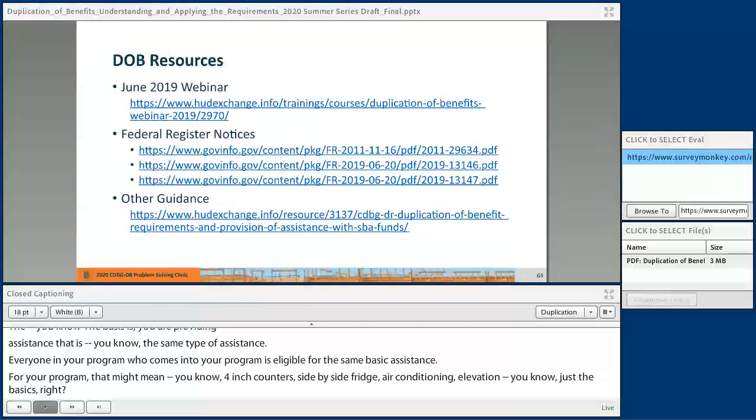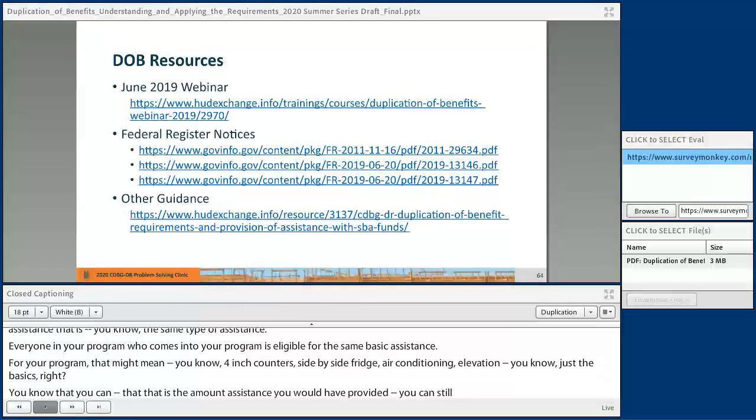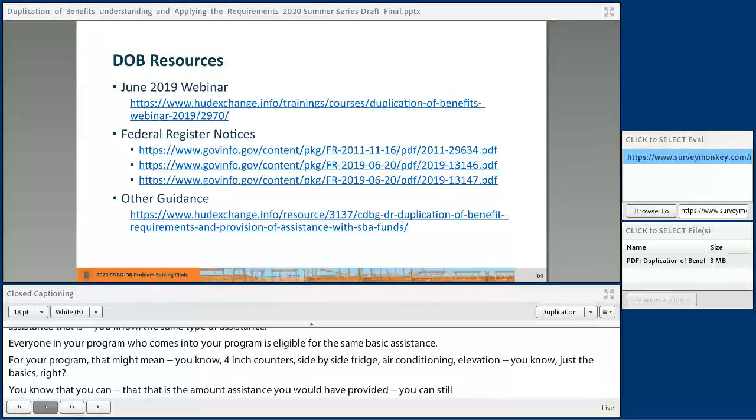You can still provide up to that amount of assistance, any amount up to that amount that isn't a duplication of benefits.